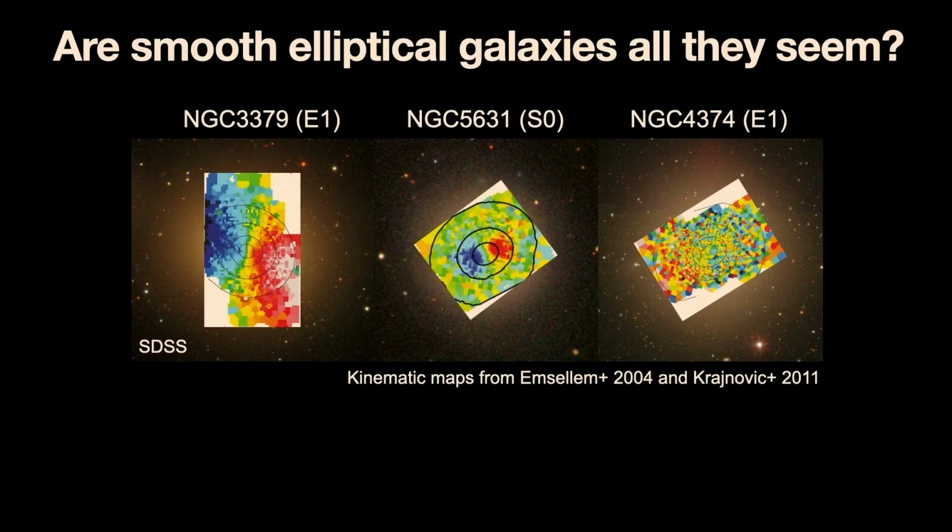The slight smattering of red pixels on the left-hand side of this right galaxy, rotating away from Earth. So despite the seemingly smooth structures, there is rotation within. And where you have rotation within, that's a bit of a hint of galaxy interactions being responsible for the overall dynamical structure and brightness structure that we see today.